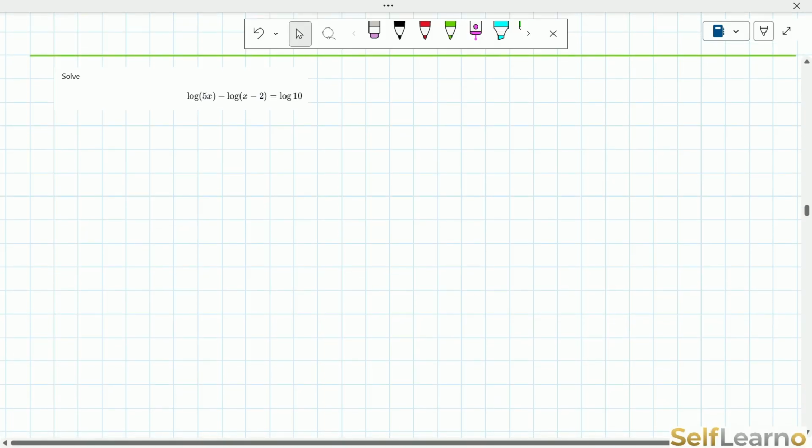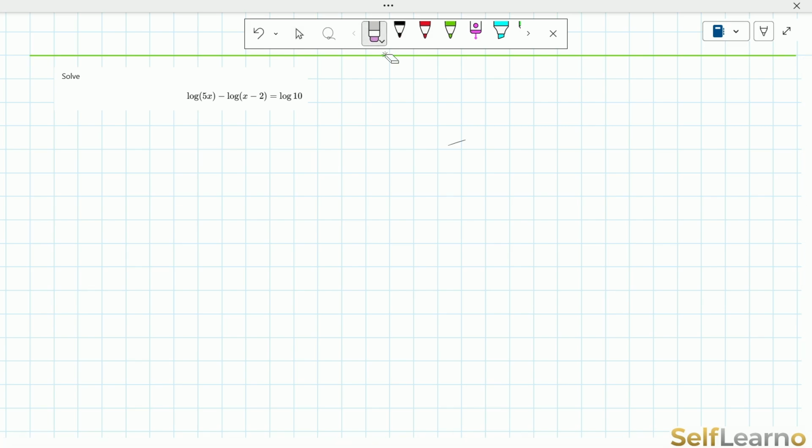If you want, you can try this question. If you have tried this, then you should get x is equal to 4. Here I am solving this.